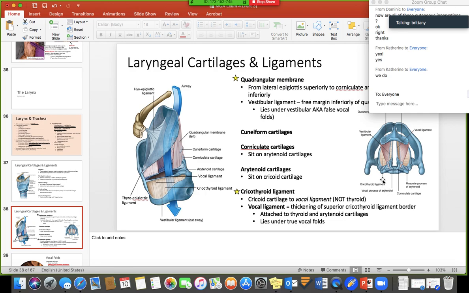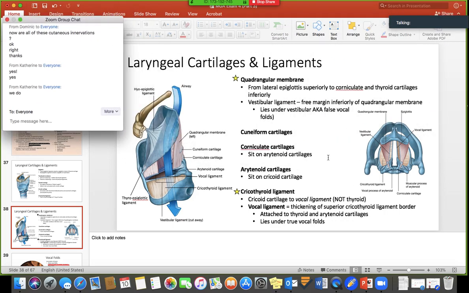Okay, so know the difference between, sorry, let me move this out of the way, the quadrangular membrane and, trying to see where it's labeled, the cricothyroid ligament.